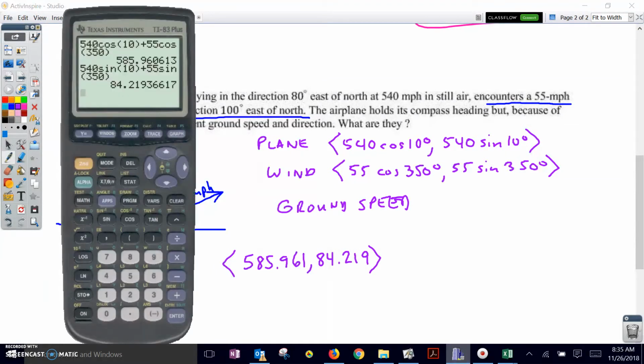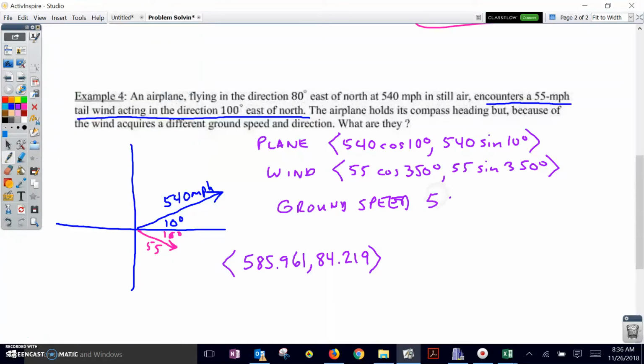And so the magnitude of this vector is going to be the square root of 585.961 squared plus 84.219 squared, 591.982 miles per hour. So there's my new ground speed.